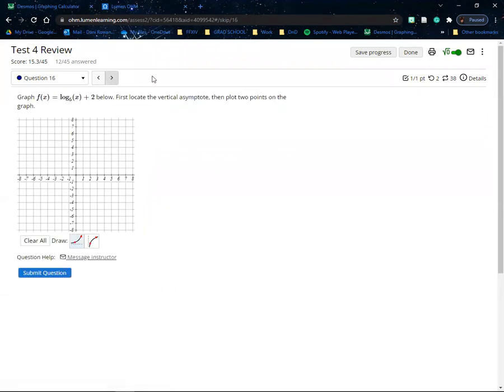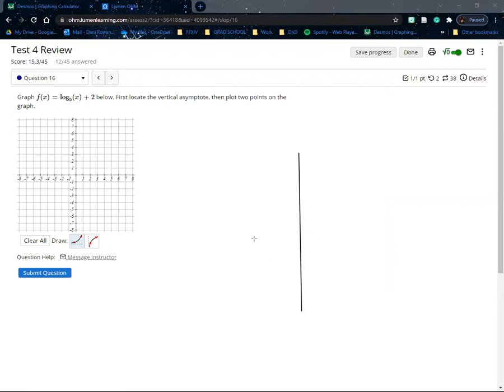Now let's get into graphing. If you feel comfortable with transformations and you know what the graph of this is supposed to look like, which is something like, well, not that. Let me erase that.